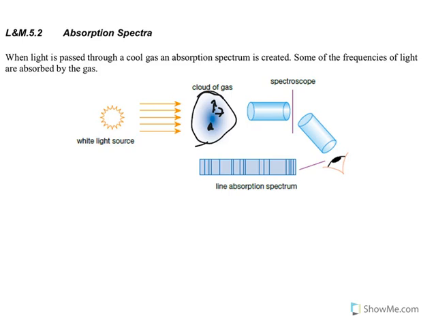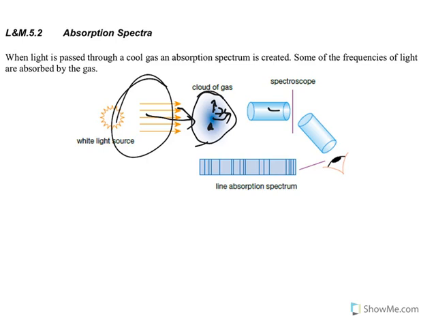Again, you would put it through a spectroscope and you could observe these lines, although this time, because the photons going in are being used to excite the electrons, those frequencies relating to that get absorbed.